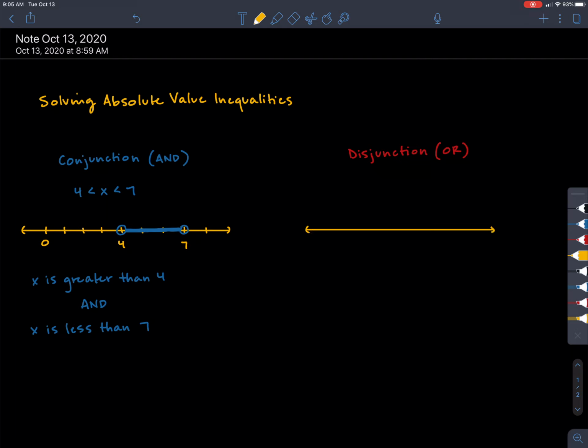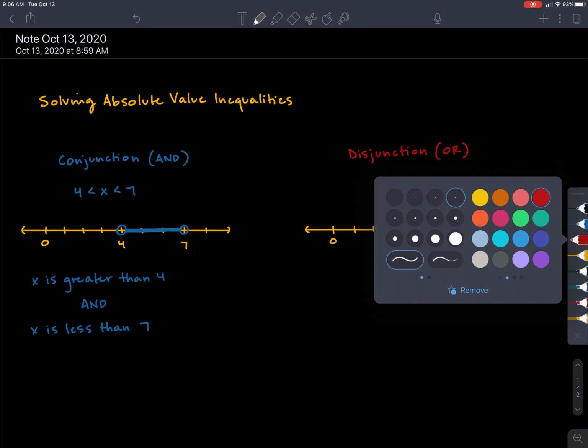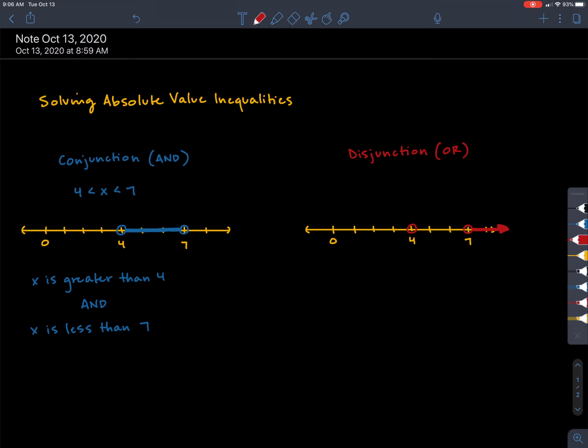So if I say this is 0, 1, 2, 3, 4, 5, 6, 7, 8, a disjunction is going to say that x is less than 4 or x is greater than 7.